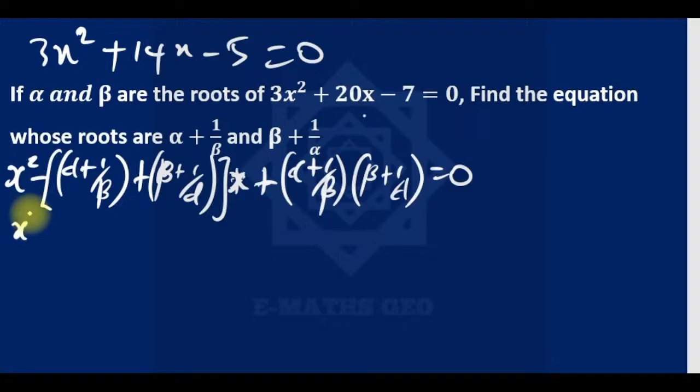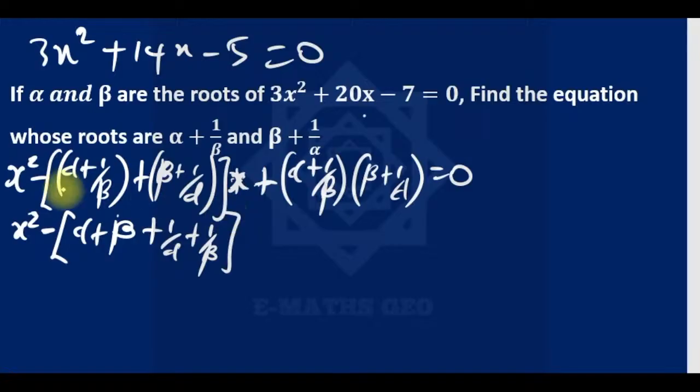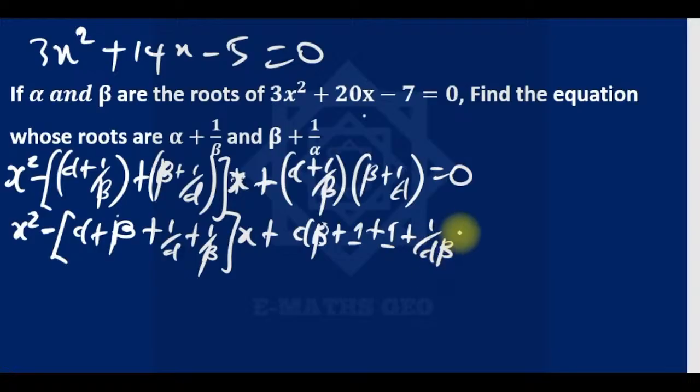We have x squared minus, which we can write as alpha plus beta plus 1 over alpha plus 1 over beta. Plus times that, so it's not affected. We expand this times that: alpha beta plus 1 plus 1 plus 1 over alpha beta.